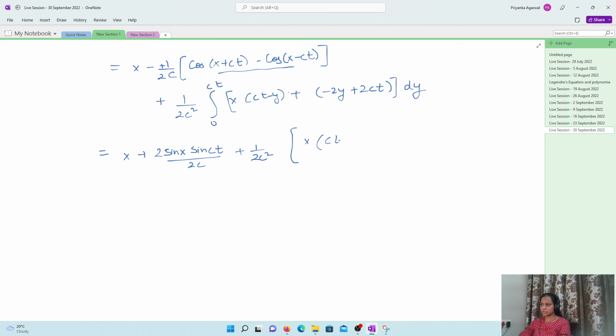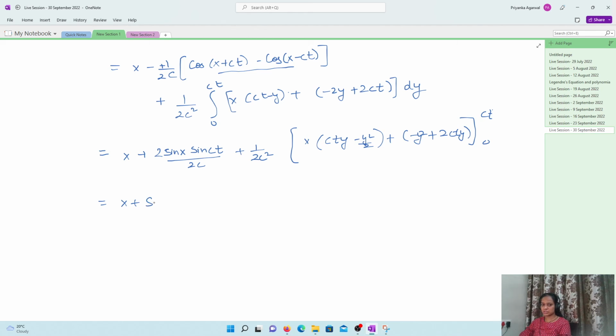And then this particular integral becomes x ct y minus y square by 2 plus minus y square plus 2ct y, with limits 0 to ct.